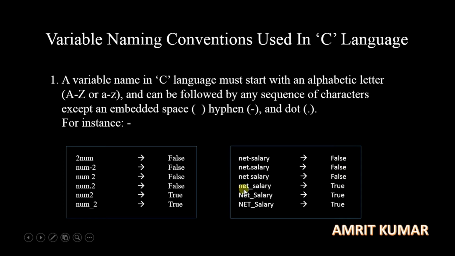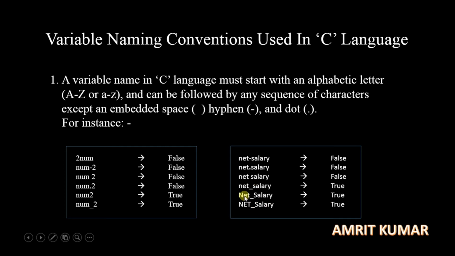Okay, now net underscore salary, that is the right way, true, because we are using an underscore and it is followed by any sequence of characters and starts with an alphabetical letter, therefore it is true and it is the right way of writing. This is also a right way of writing, this is also a right way of writing.